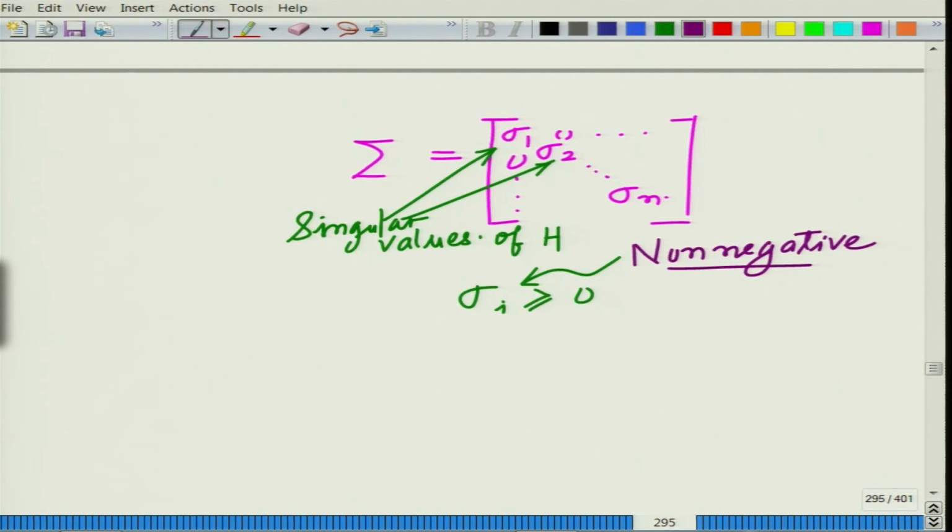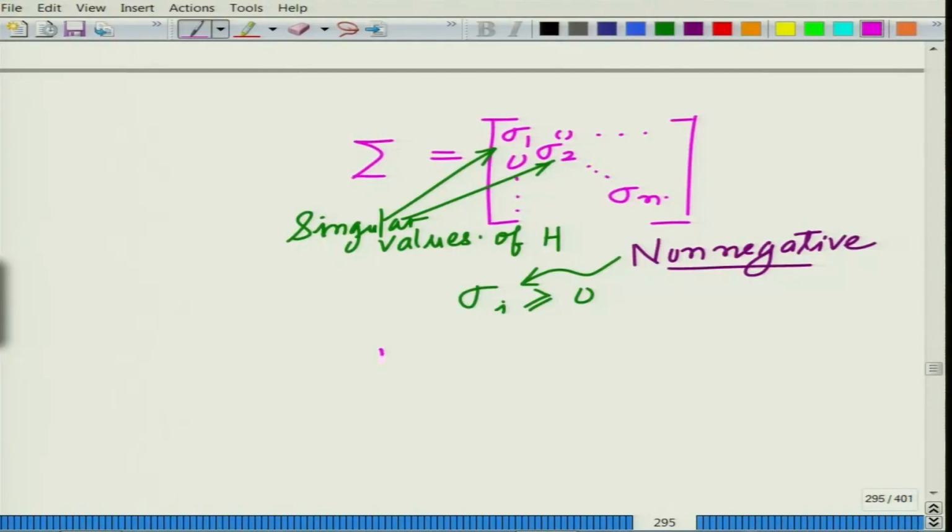Also important to note that the singular values have to be arranged in the decreasing order of magnitude, right. Sigma 1 greater than or equal to sigma 2 greater than or equal to sigma n.